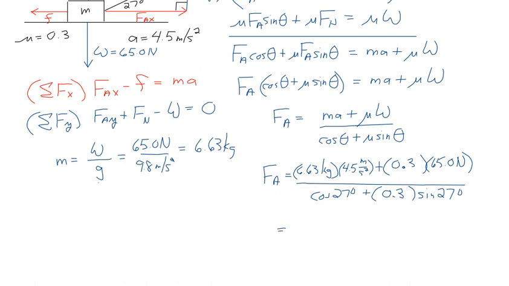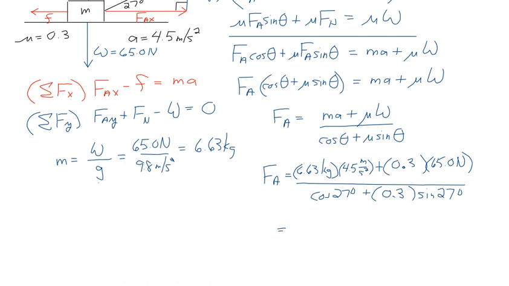You're going to go 6.63 times 4.5. I don't have to hit equals here because the order of operations will work out fine. So I can go plus 0.3 times 65 and then hit enter. And I get 49.335 at this point.